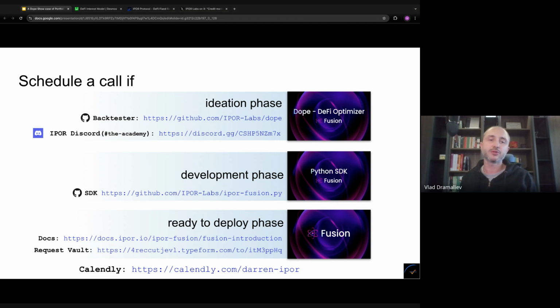We'll have algo trading strategies, DEX LP vaults, a really large number of vaults coming up in the Fusion ecosystem. And any vault you have an idea of creating, we'll be happy to work on and get out on the Fusion dashboard.